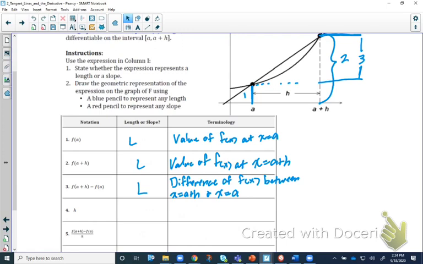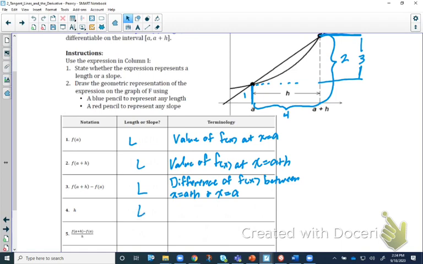So h, that one's one of the easiest ones to see. H is right here. That is the difference between whatever x was at a and that small difference that we're including here. So this is row number 4.